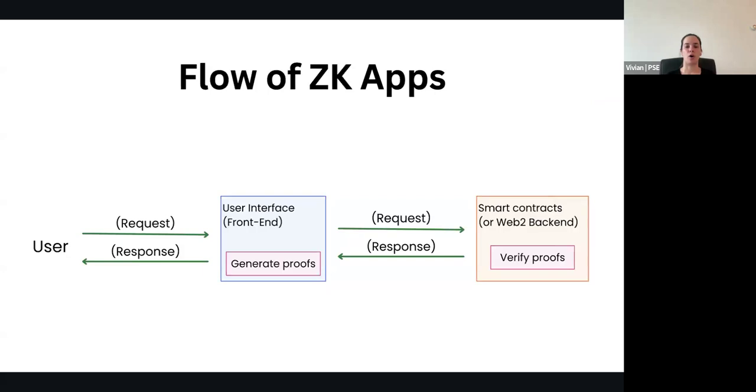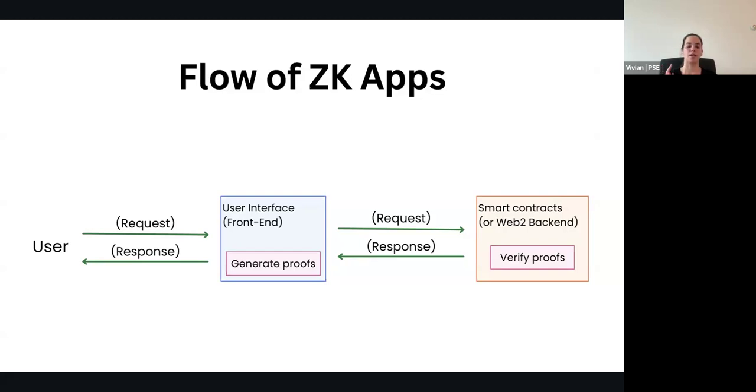This is the flow of a general zero-knowledge application. The user will interact with the front end, the user interface, and then the user interface will interact with the backend, a web2 backend, or smart contracts. Something important here is that the proof generation is always in the front end because it will probably use private data.